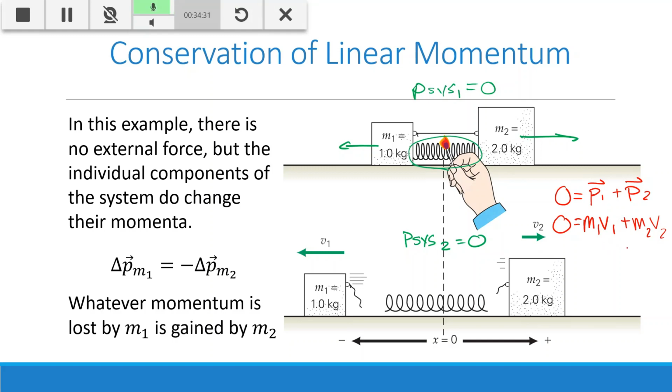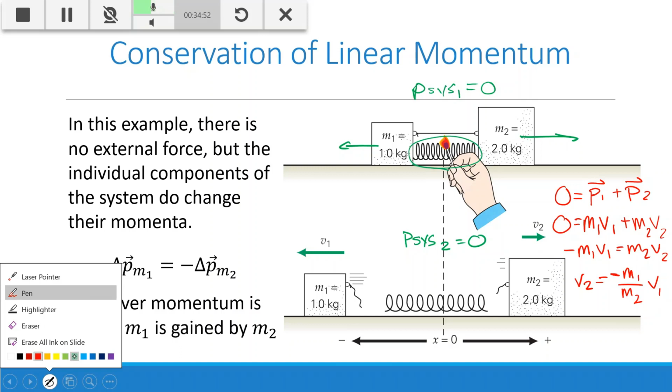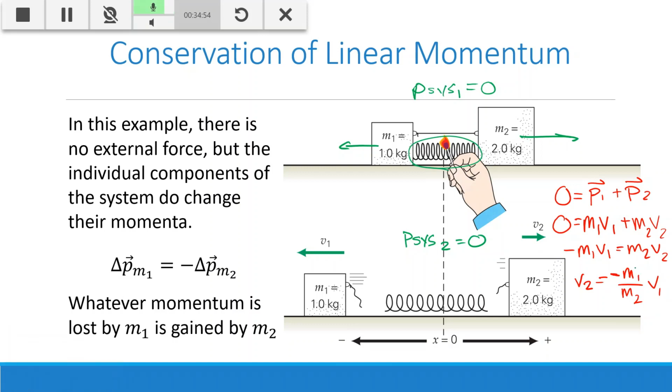If I want to find v2 and see how it compares to v1, I would get that negative m1 v1 is equal to m2 v2, and then v2 would need to equal negative m1 over m2 times v1.